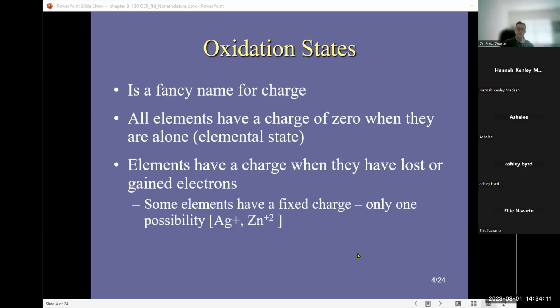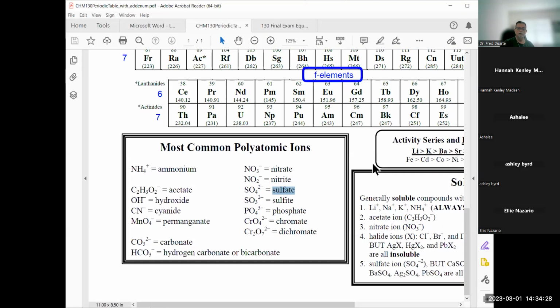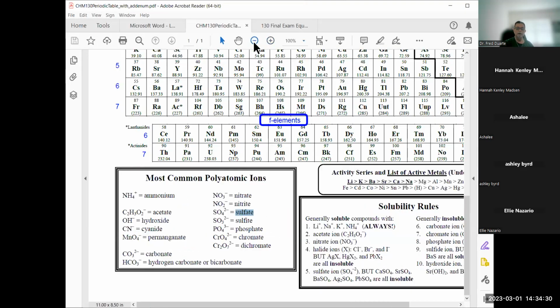Okay, and so some elements have a fixed charge. There's only one possibility, and this is important here. Okay, because let me pull up my periodic table. All right, shrink it down a little bit.